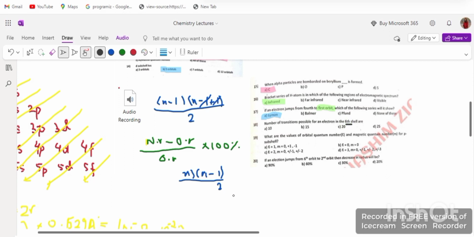So 6 into 6 minus 1, which is 5, upon 2. 6 into 5 is 30, and 30 upon 2 is 15. Alright, so our correct option here would be 15.